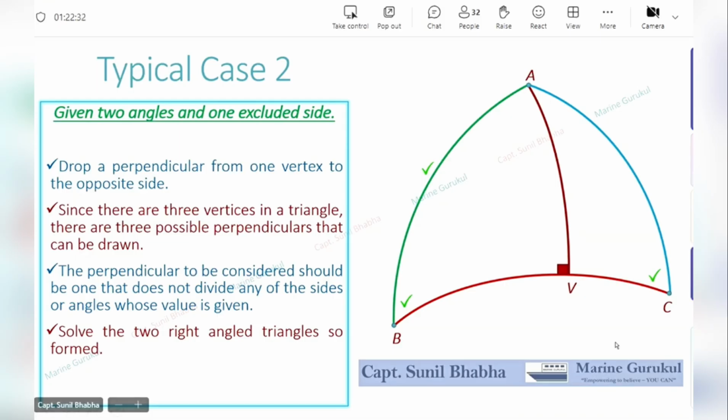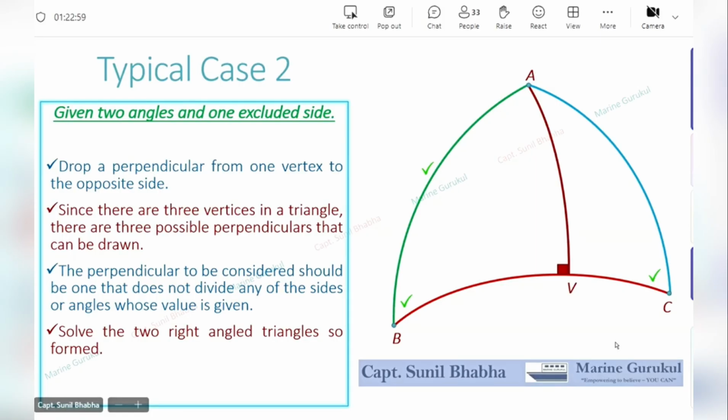Sir, I want to ask a query regarding this diagram. Go ahead, beta. Sir, you said we should select any angle, like you select angle one. How will we know which angle should be selected for dropping the perpendicular? Can you repeat this part?